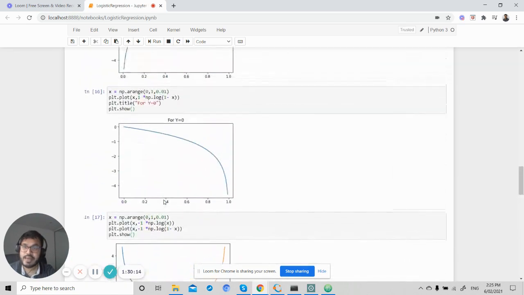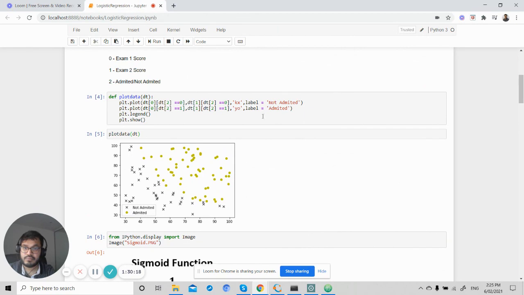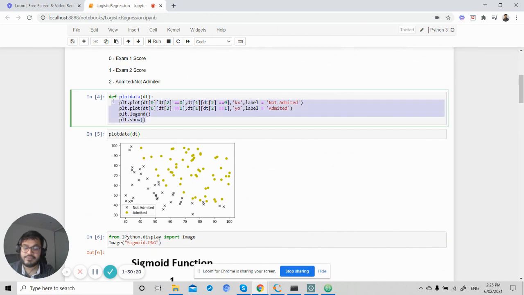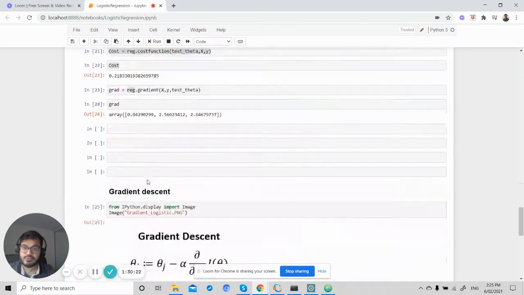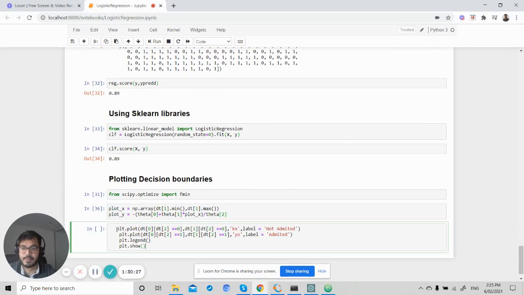Now we have already plotted our x and y. We have already explored x and y. So let's add one more plot.